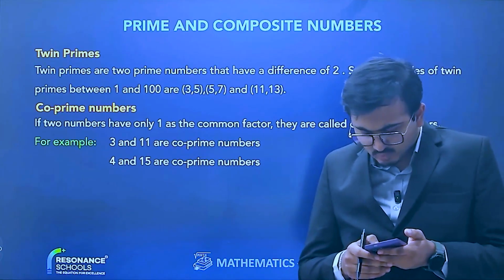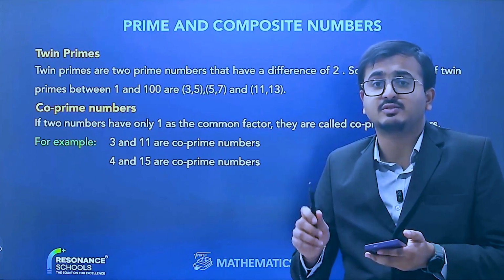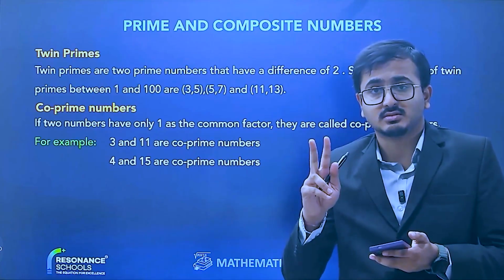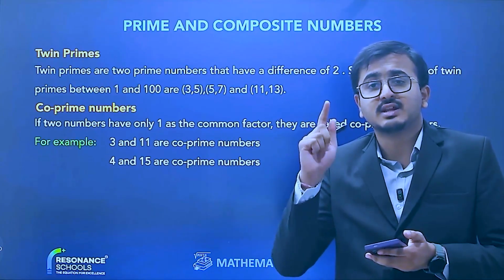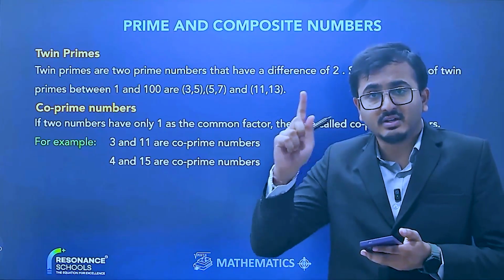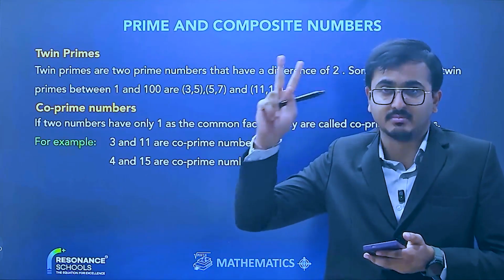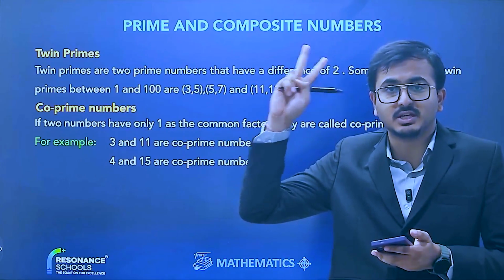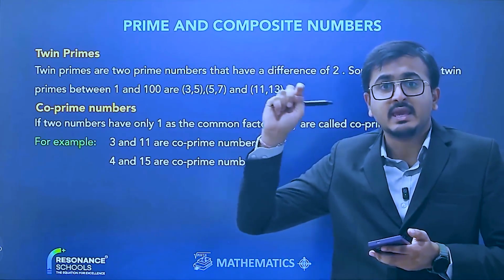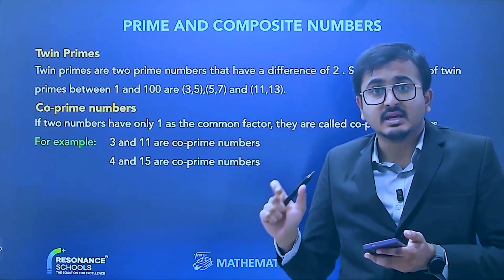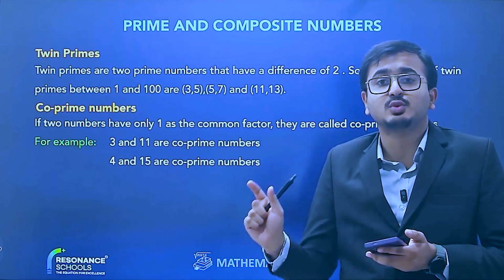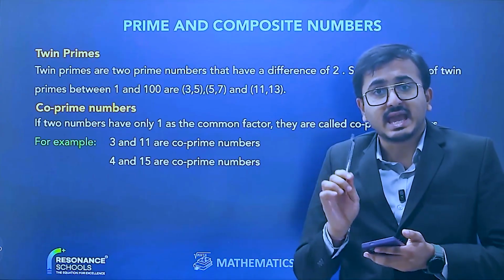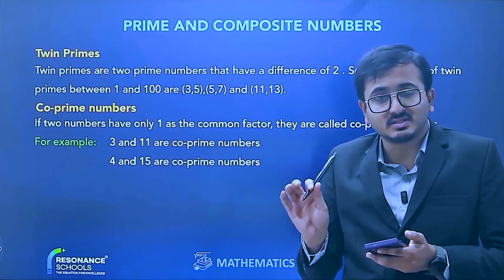3, 4 co-prime, no, because for both there are two conditions, guys. Two conditions for twin prime. First, both have to be prime, and the difference of the two numbers must be 2. In co-prime, only one condition: the HCF of two numbers must be 1.